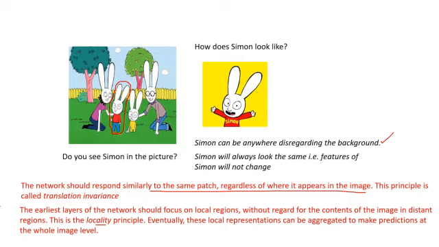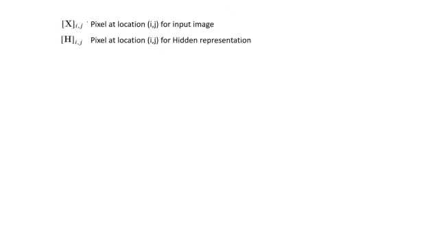Now please remember these two characteristics, because these will be needed when we are framing the equation for the convolutional neural network. Now let us move on to that part. Let us consider that xij is a pixel at location ij for the input image, and hij is a hidden representation for the pixel at location ij.